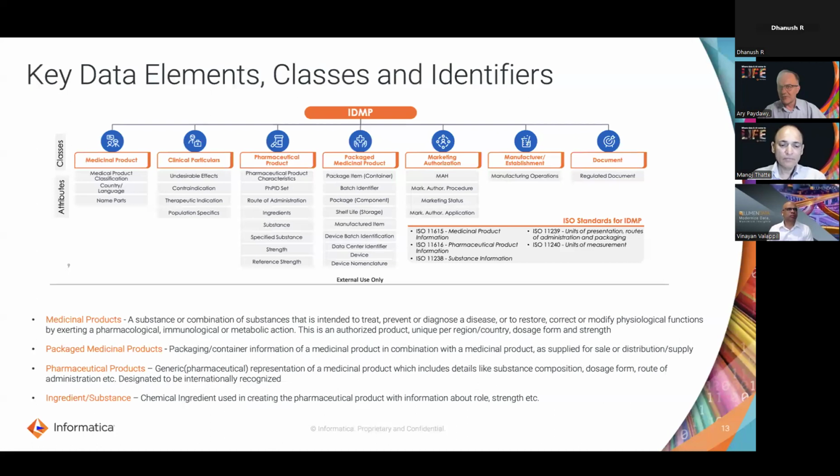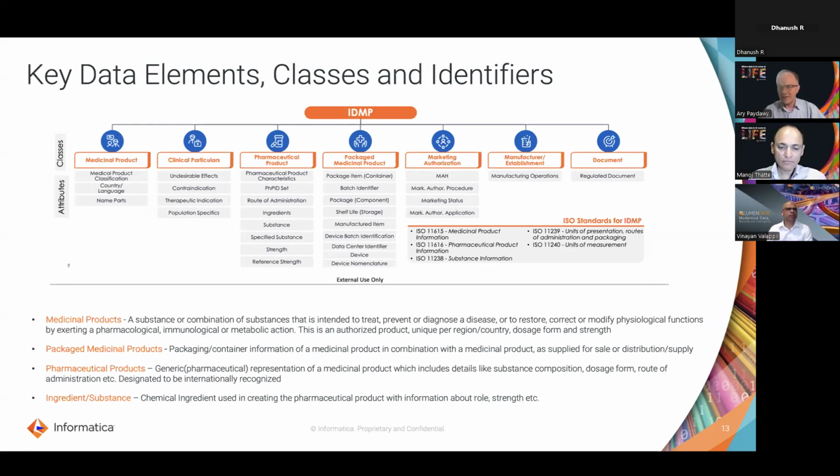And these pharmaceutical products could be used within one medicinal product, or across many different medicinal products. We'll address one example of how, say, in Advil, ibuprofen could be part of multiple different products. But think of it as more of a pharmaceutical product.